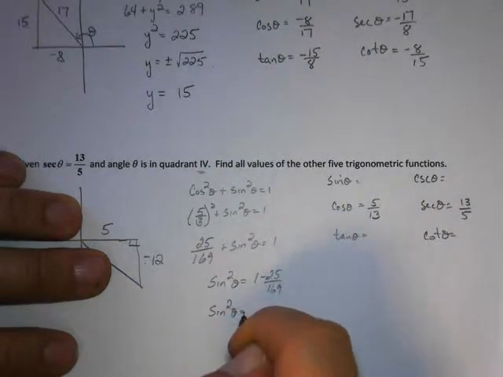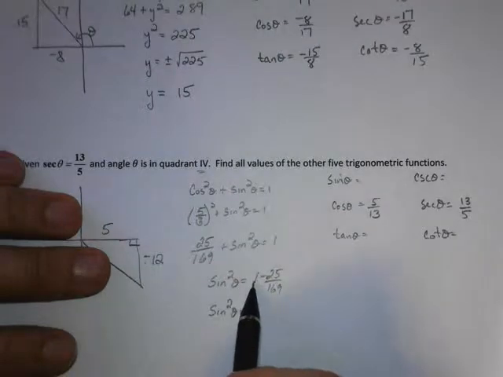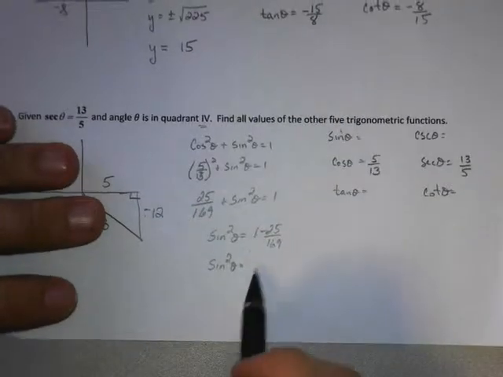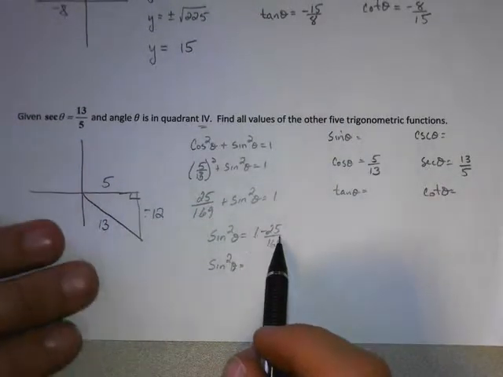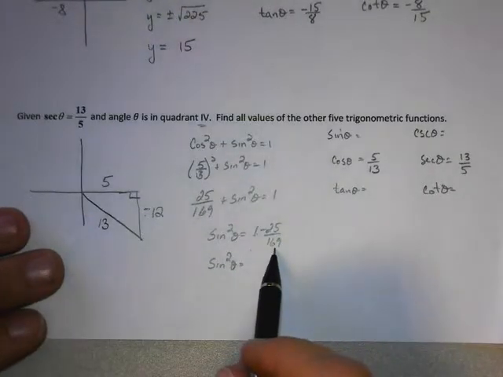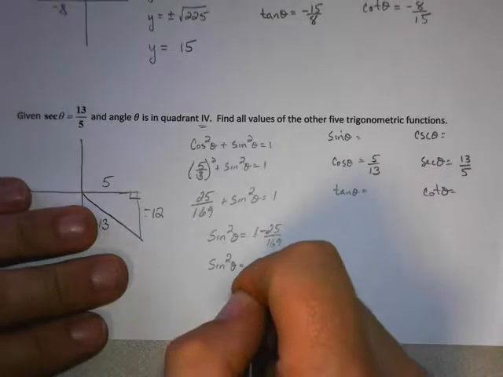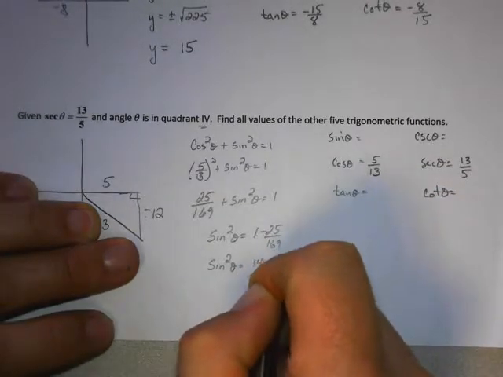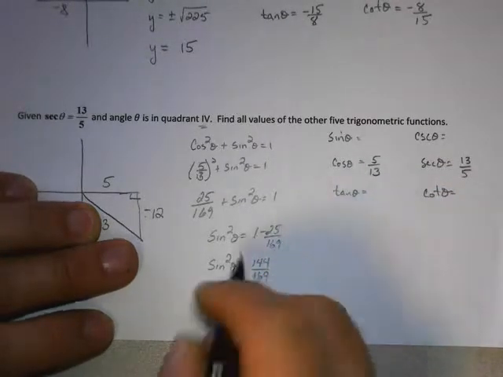Sine squared theta equals, this is going to be 169 over 169 minus 25 over 169. So we're going to get 144 over 169.